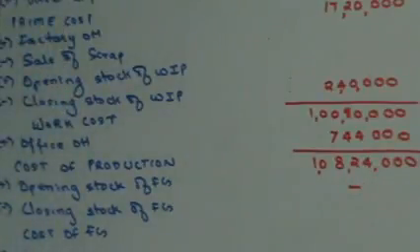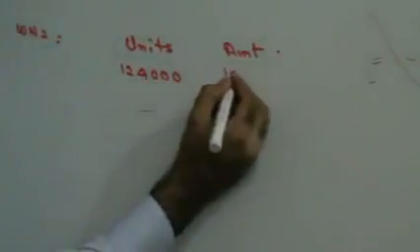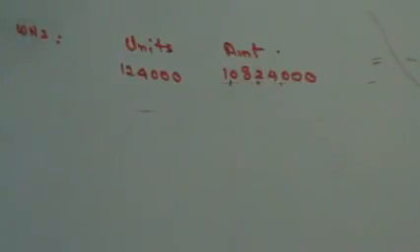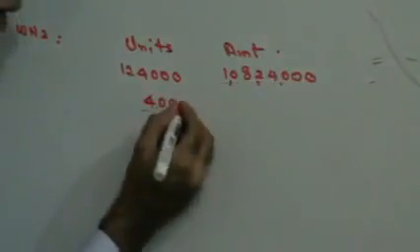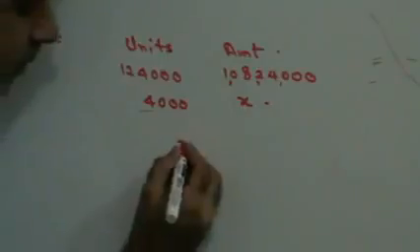Let's see the working note for closing stock of finished goods. Working note 2. See, you have produced 1,24,000 units in your factory, for which you spent 1,08,24,000. So for 4,000 units, how much must you have spent? 4,000 into 1,08,24,000 divided by 1,24,000 will give you 3,49,161.